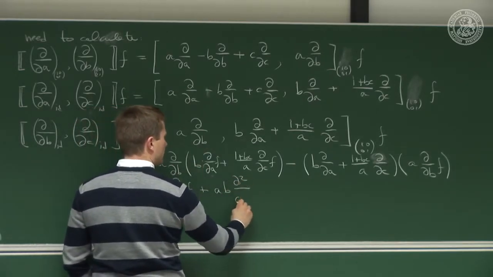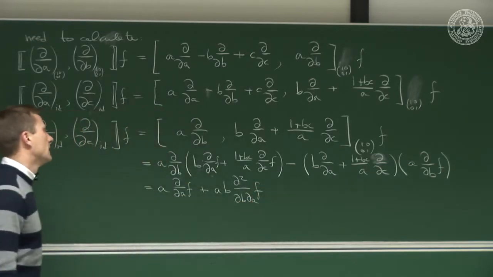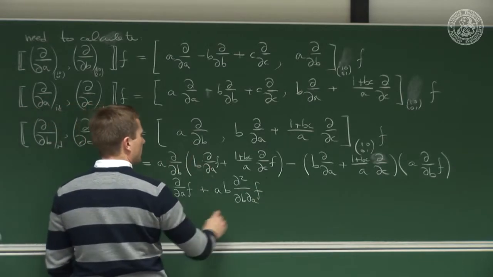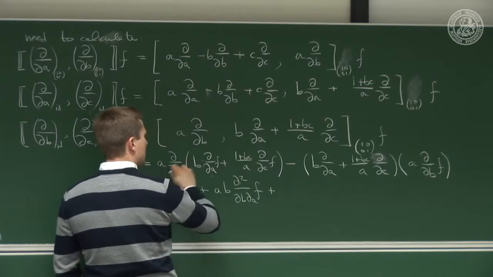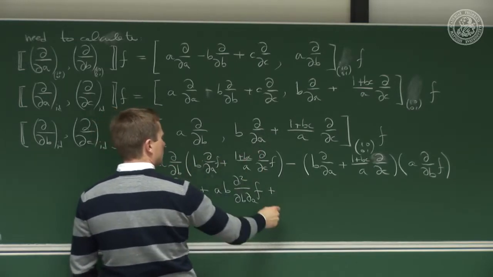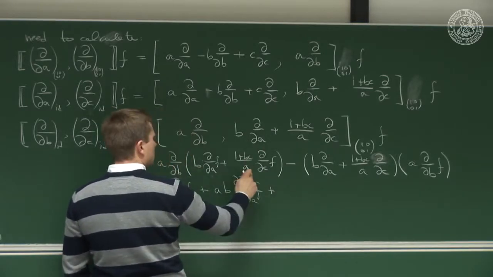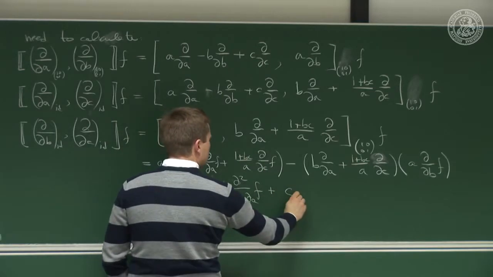So you get a second derivative, d2 dB dA acting on f. So that's the action here. Now we continue. This is plus. Now this acts on this. Same game. There's a B in here. So you have to take this derivative. The A goes against this A. We derive with respect to B. So what remains is a C.